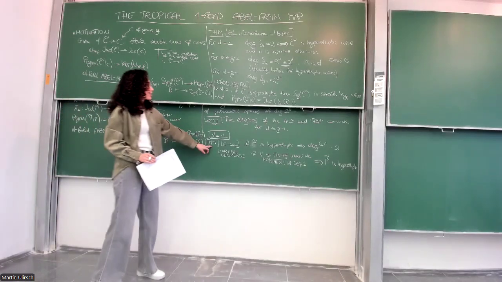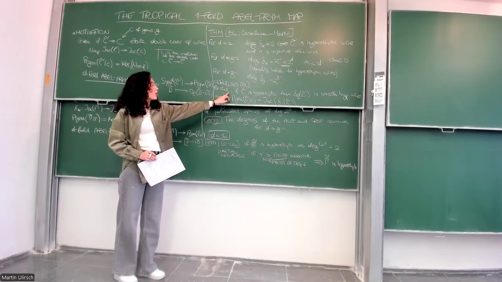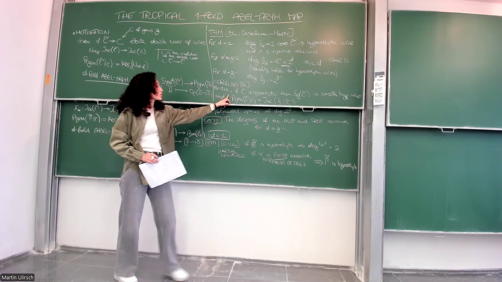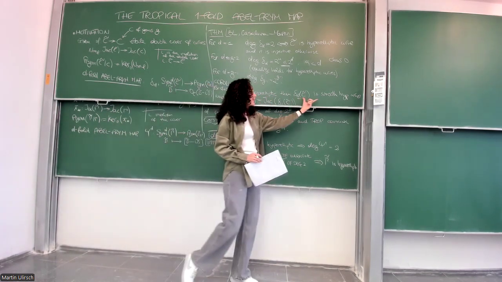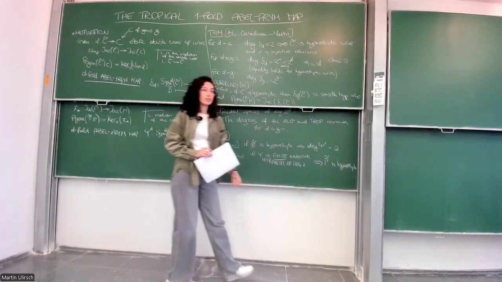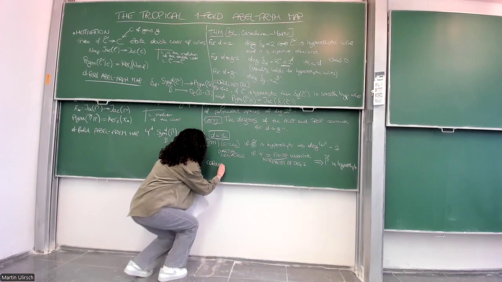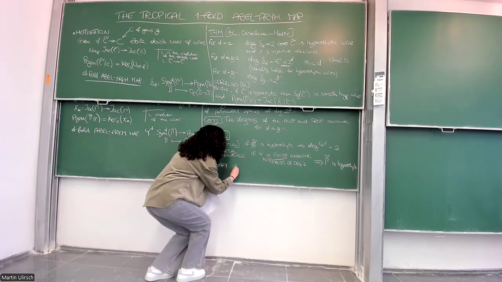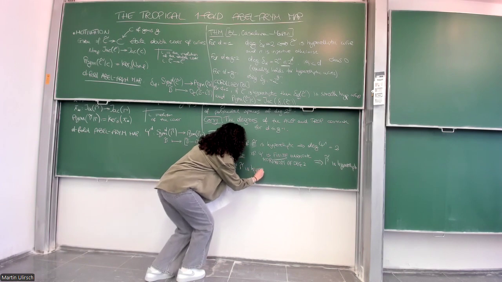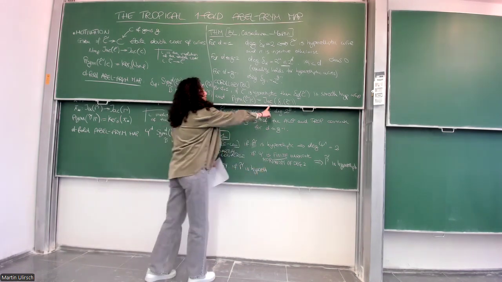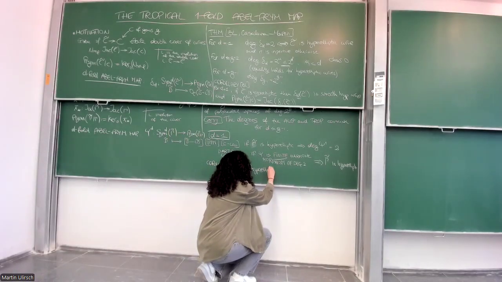And as a corollary, we proved that this statement also holds in tropical geometry. So we proved that if we consider gamma tilde hyperelliptic, then the image is a hyperelliptic graph. And the same with the Prym variety in the Jacobian holds in tropical geometry.